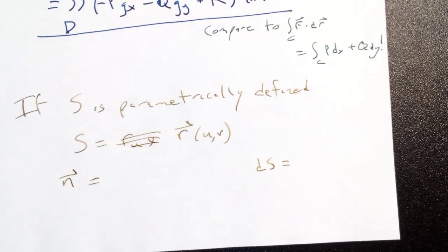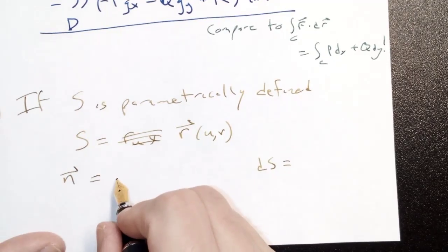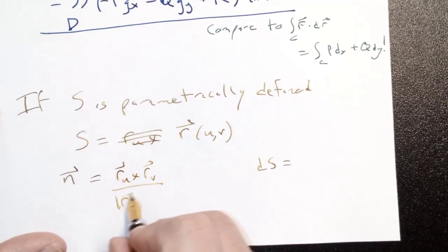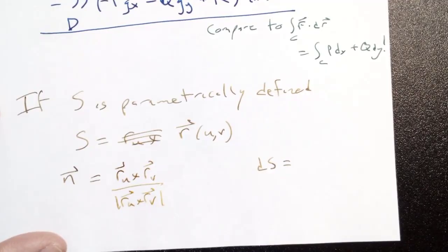Now, again, we've already worked these items out. What's my normal vector? What's dS?